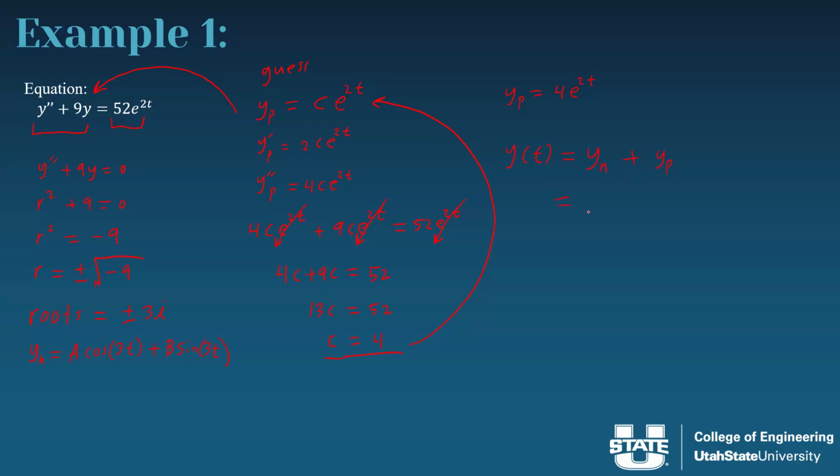It's going to be y of t is equal to a cosine of 3t plus b sine of 3t, and then we add our particular solution, plus 4e to the 2t. Okay, and that would be our solution. Do you guys have any questions?